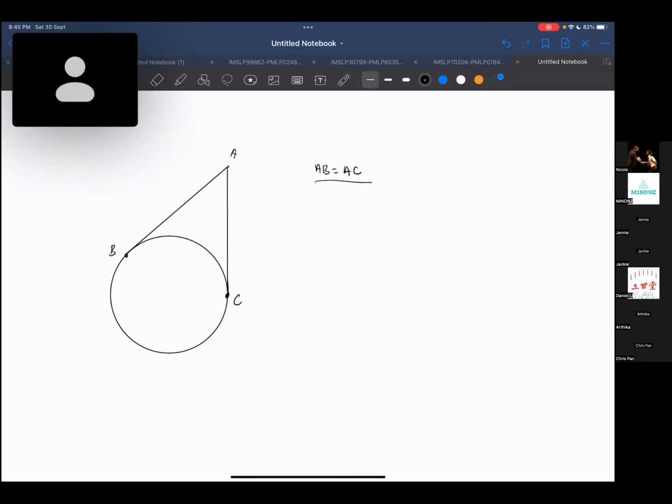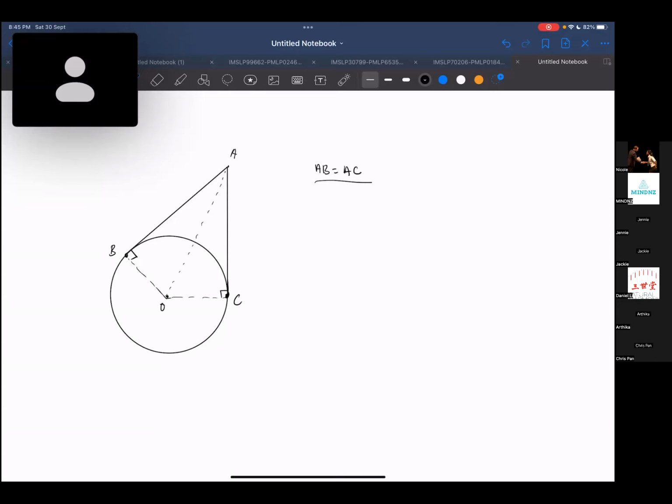We use the very important property of tangents, which is that they are perpendicular to the radius. Now that's really interesting because now we get these 90 degrees. And also, we can draw a line here from A to the center.